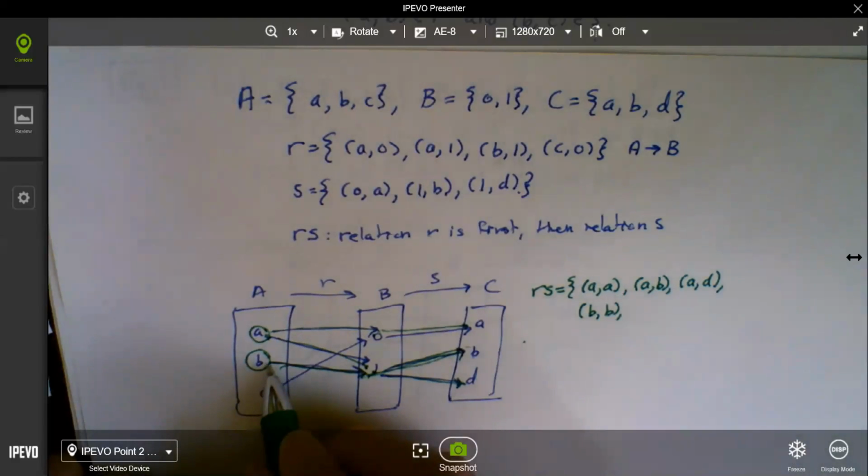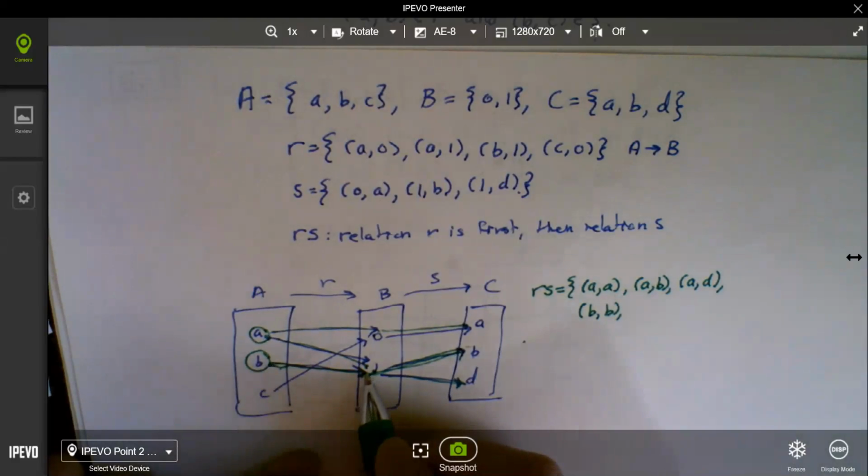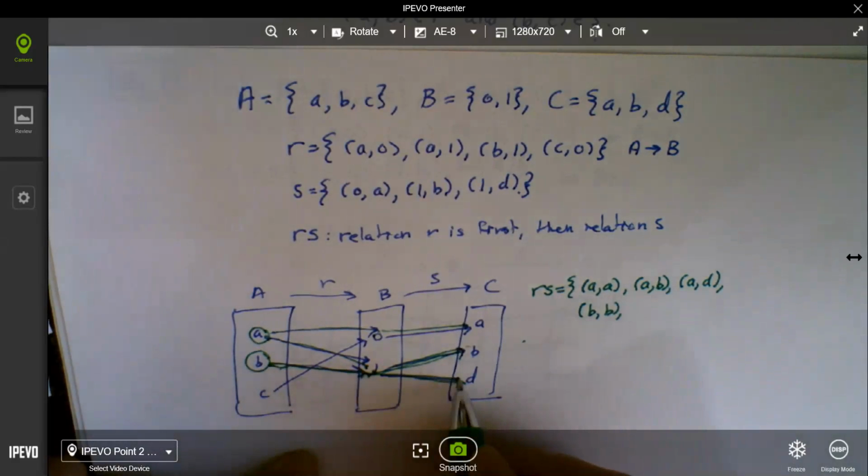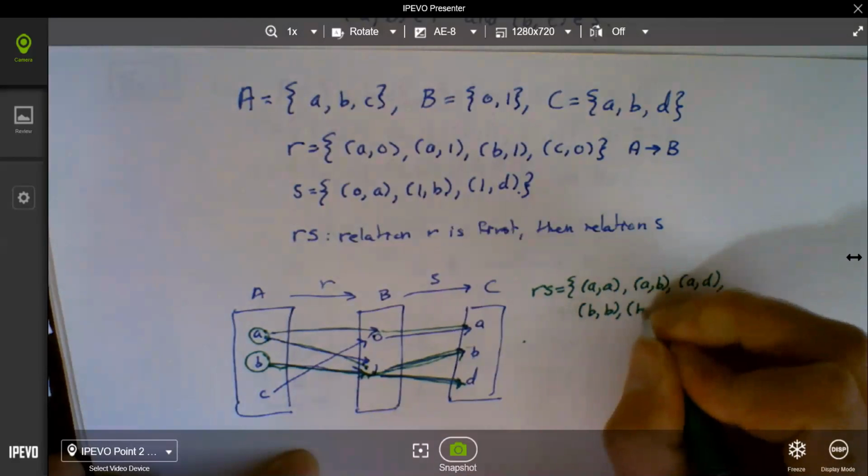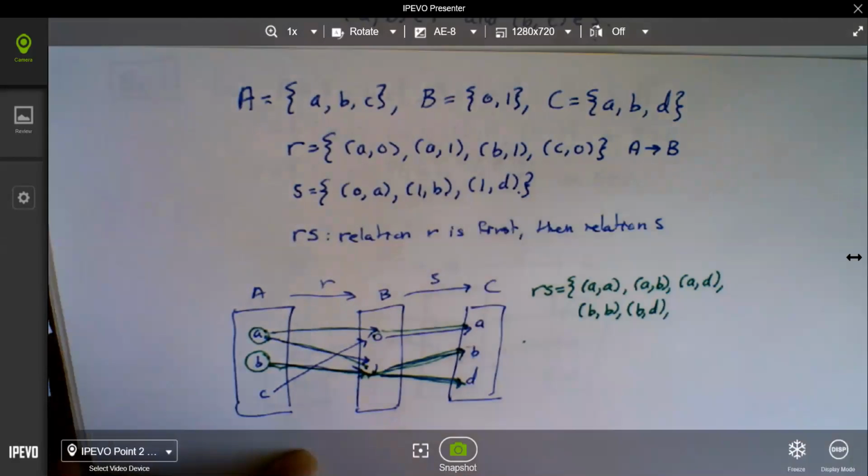Or we could have started at B in set A, gone to 1 in set B, and then actually gone to little d in set C. So that's BD would be our 5th element in RS.